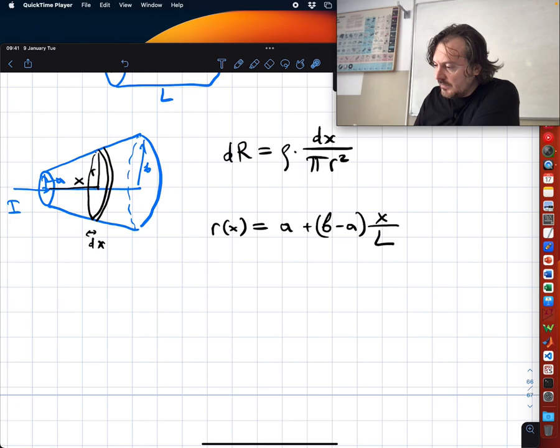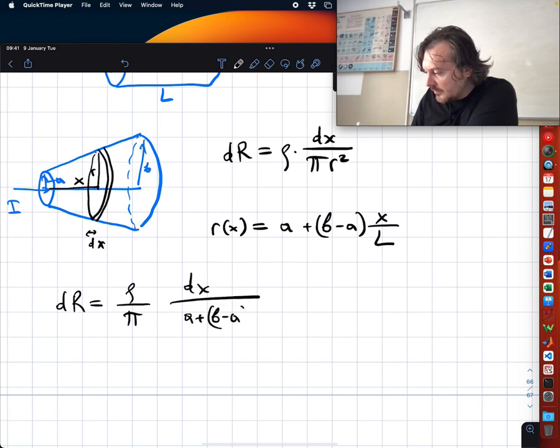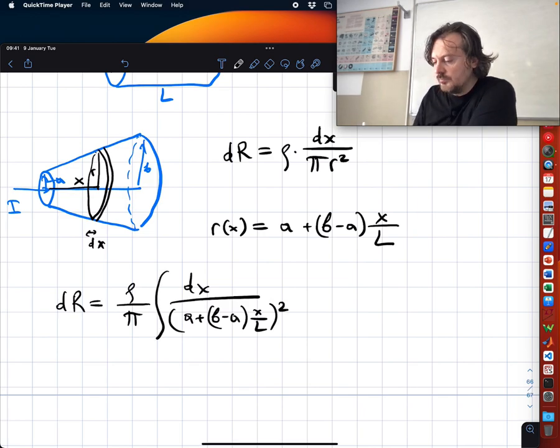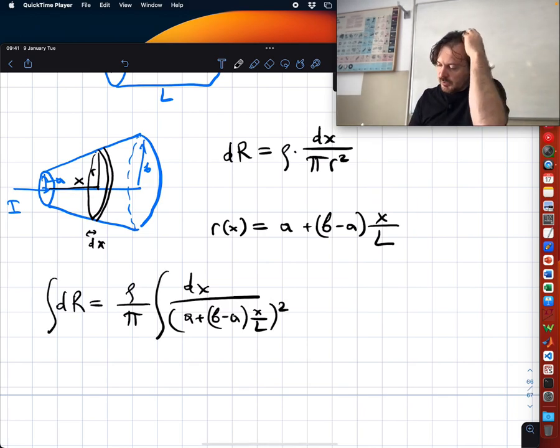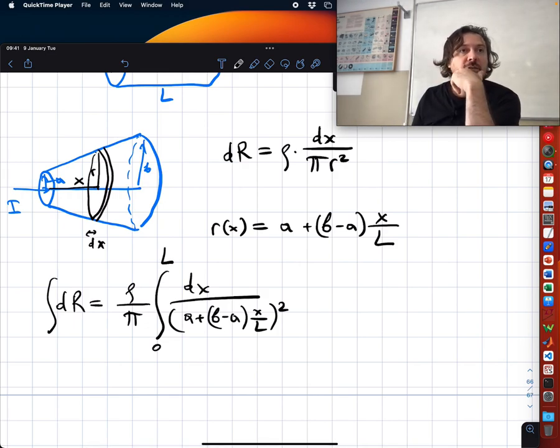So I have this integral that looks like this. R is equal to rho over pi times the integral of dx over (A plus (B minus A) x over L) squared, going from 0 to L. Everybody agrees?